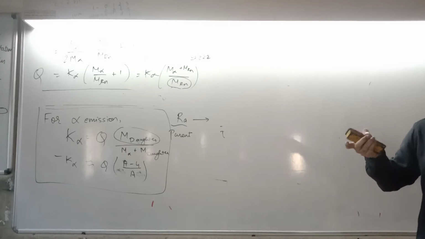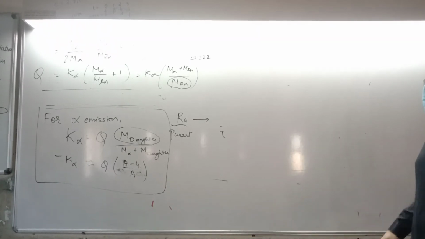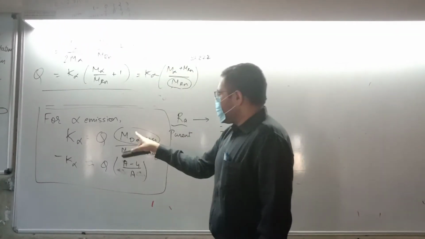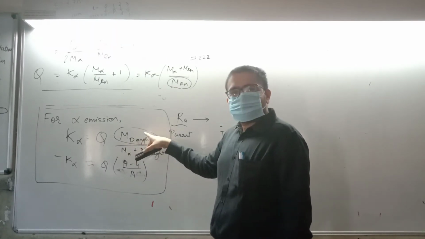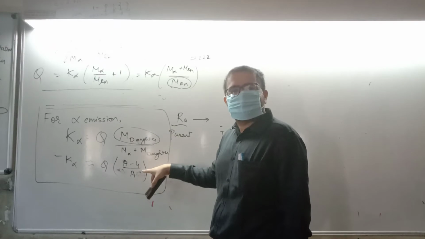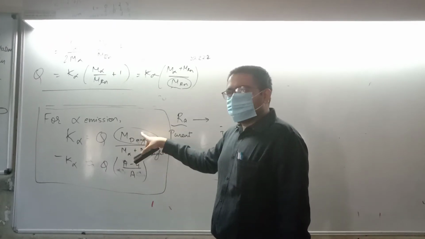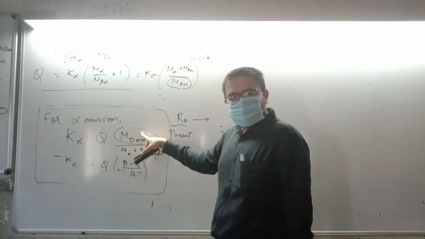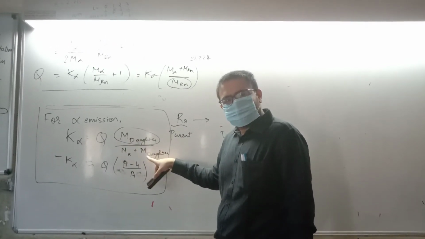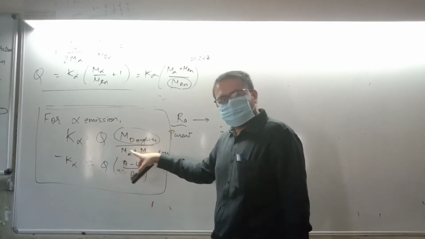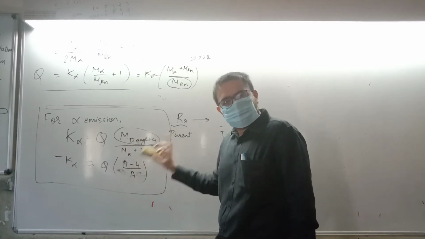All right. The mass of this is approximately A minus 4, the mass of this is 4, and this is A minus 4. A minus 4 upon 4 plus A minus 4, the 4 cuts.